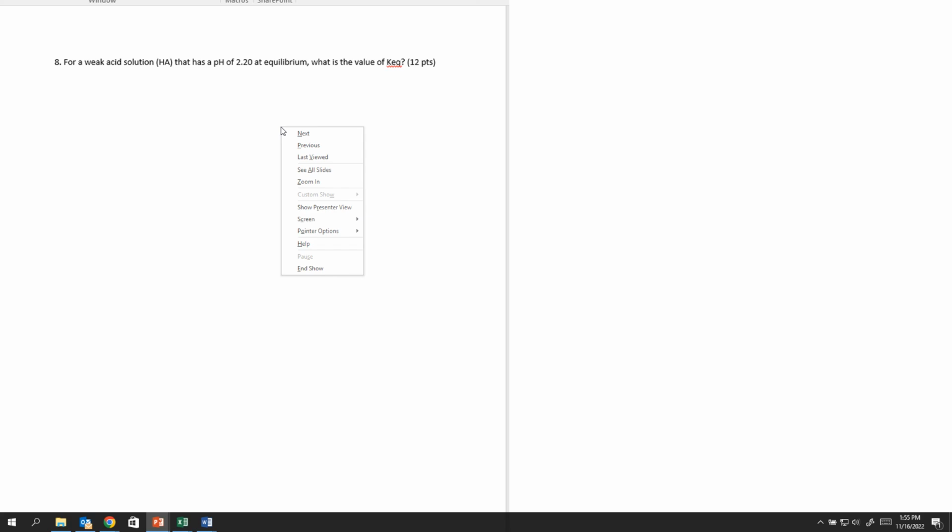Right, for our last problem, this was the problem where I just said you can't actually get Keq, so just solve for H3O plus concentration. And so we have pH equals 2.20. pH equals minus log of hydronium concentration, so 10 to the minus pH equals H3O plus.